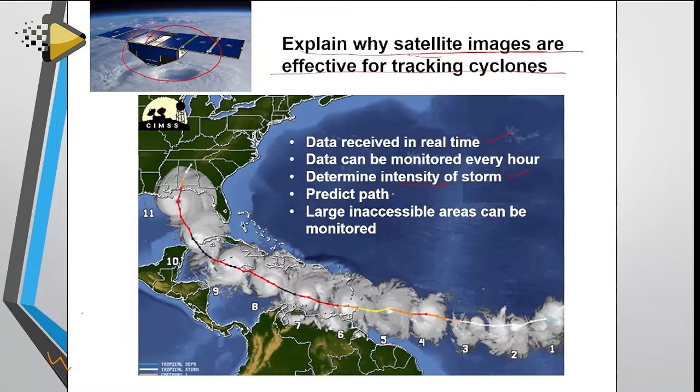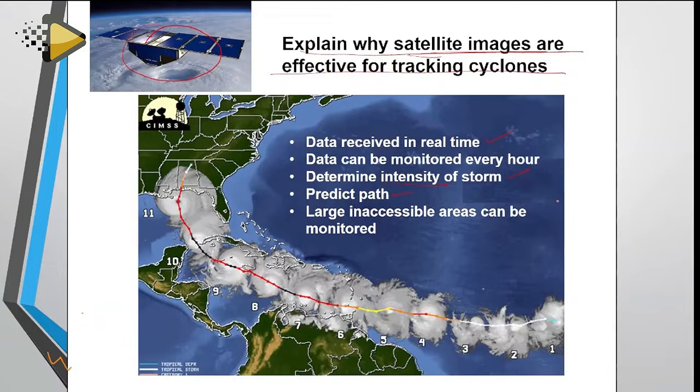And then it is also important because the satellite can be used to predict the path, even though the path of a tropical cyclone is very erratic. It's not easy to predict, but we can use the satellite to try to catch up with the occurrence and the movement and the speed at which it is going.